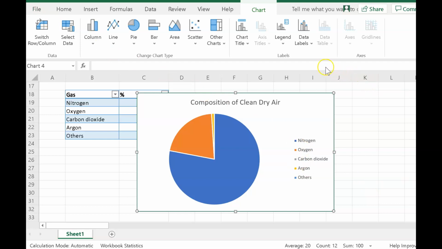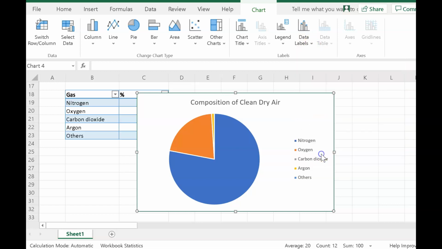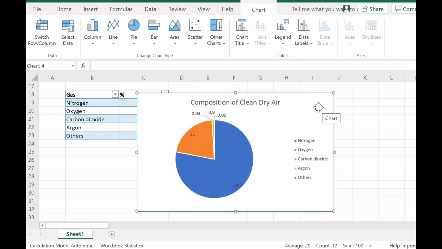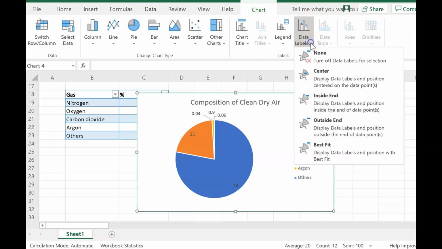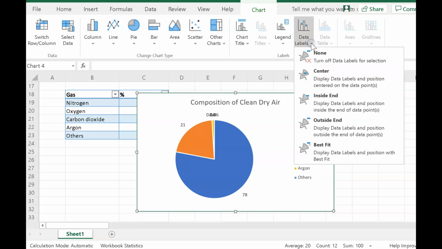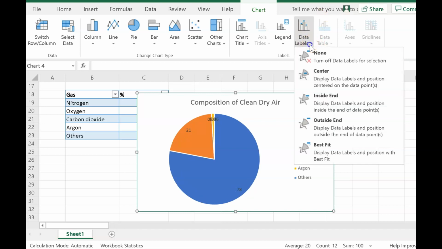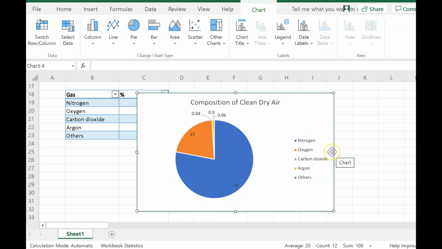I can also go over here and add data labels, and there are different ways to do it. For example, I can do it like this. That shows actually the percentage. It doesn't say the percent, right? And I can reposition it, for example, like this, but that doesn't look very good, right? I can put it inside. It also seems to be crowded, so probably best fit. This is a better way.